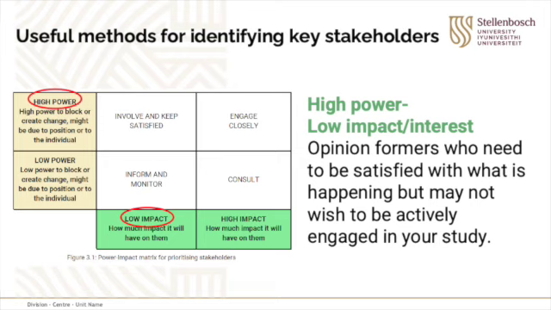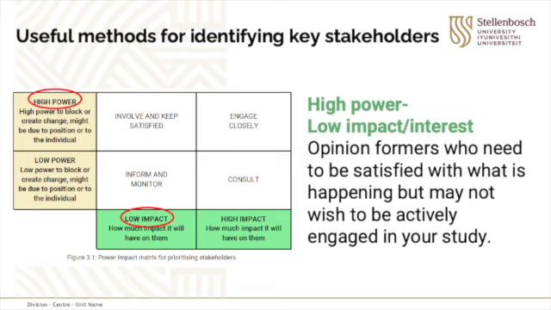This could be, for example, somebody in a local government department who is a real gatekeeper in terms of you being able to test an intervention that your research is generating or formulating. But they themselves may not be impacted by your study, and therefore their own personal interest is going to be quite low.